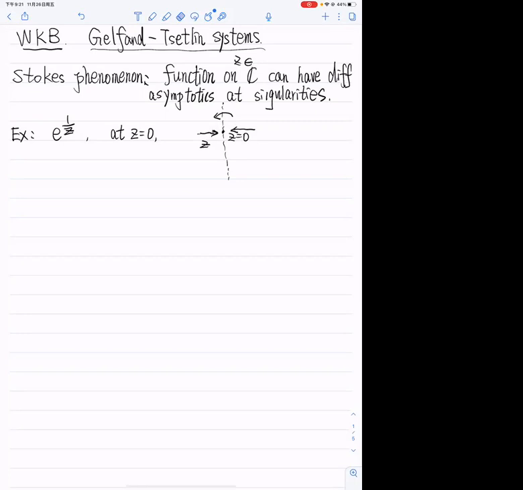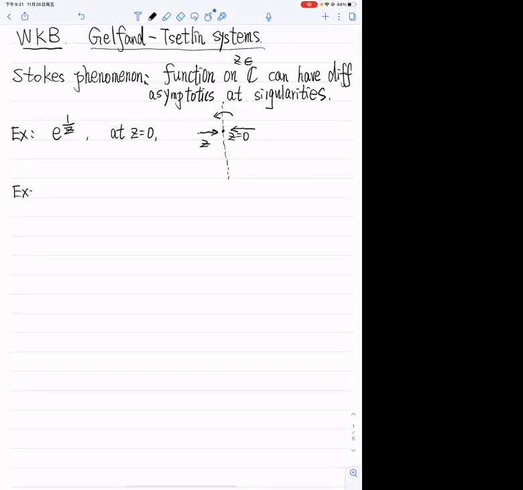Let's look at another, more complicated example. Let's take the so-called Kummer function, also known as the confluent hypergeometric function. This is a function with parameter z, and two extra parameters a and b.